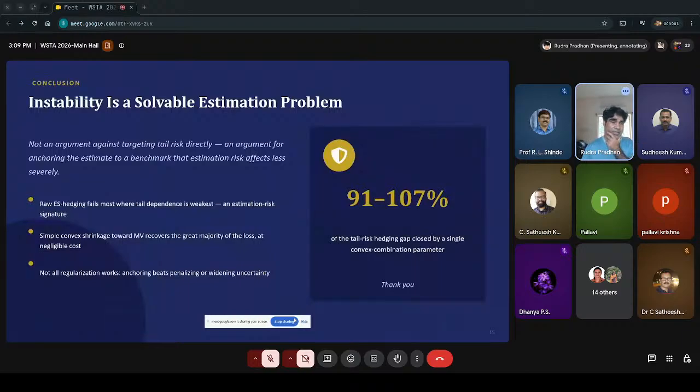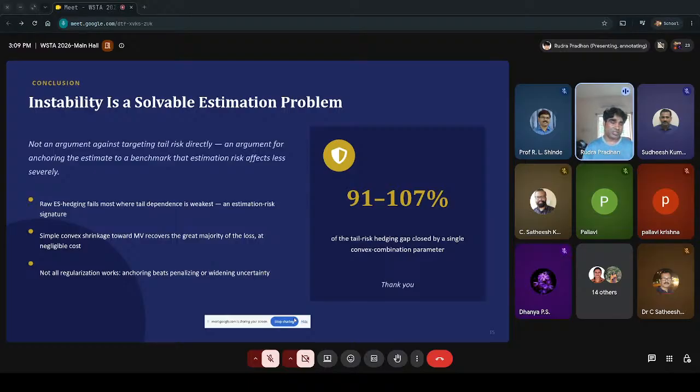And then coming to the final conclusions: it is not an argument against targeting tail risks directly, but an argument for anchoring the estimate to a benchmark that estimation risk affects less severely. So in that case, raw ES fails most where tail dependence is weakest. That's an estimation risk signature.